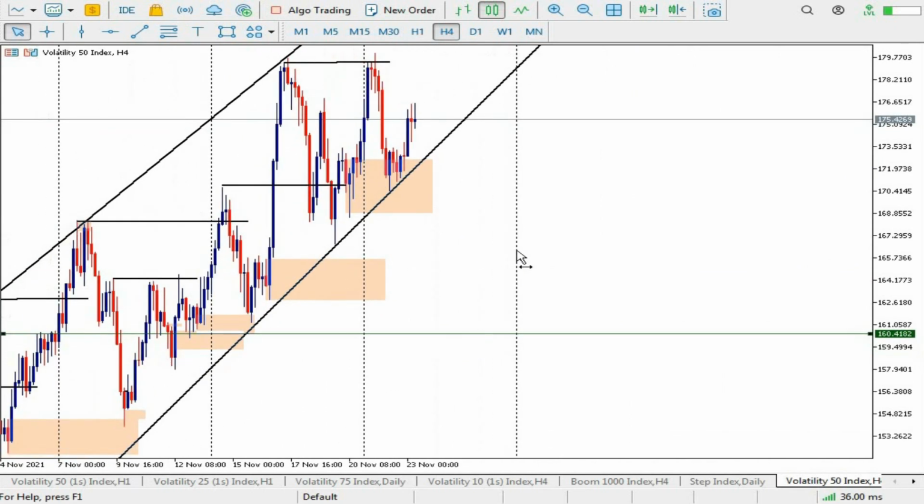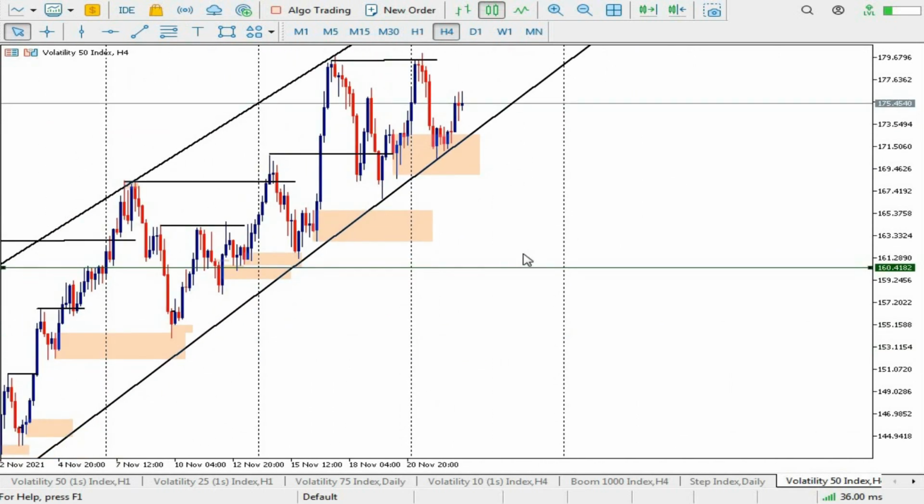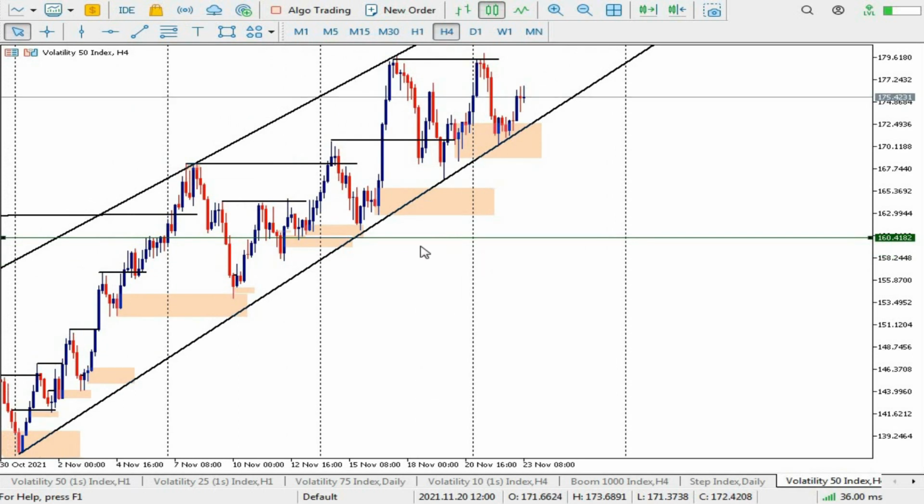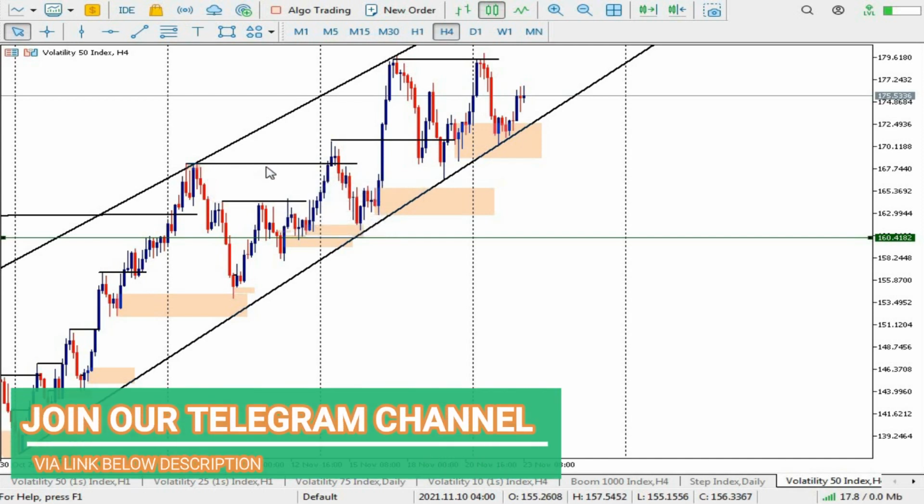And as you can see, once you are able to understand that, even if you go to a bigger time frame, you can see this was the last high, and then the price created a new high, then comes back to this order block right there, because this order block was responsible for breaking this previous high and also this previous lower high.